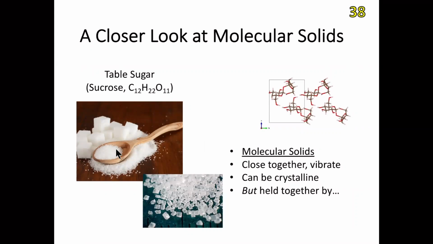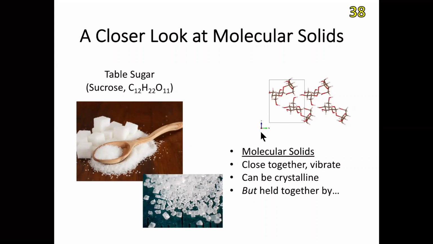When table sugar becomes a solid, we can see it actually forms very organized geometries. And if we zoom in on the molecules of the sugar in the solid phase, what we see is that even though their single particles are represented by a Lewis structure connected by chemical bonds, there's an alternating pattern of how these molecules stack together.